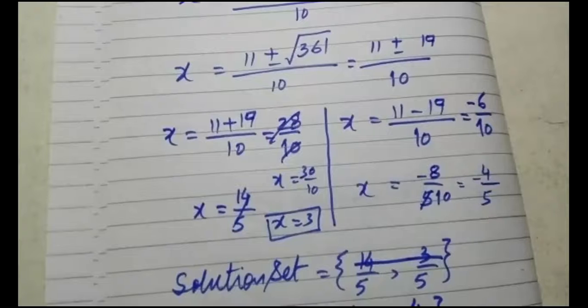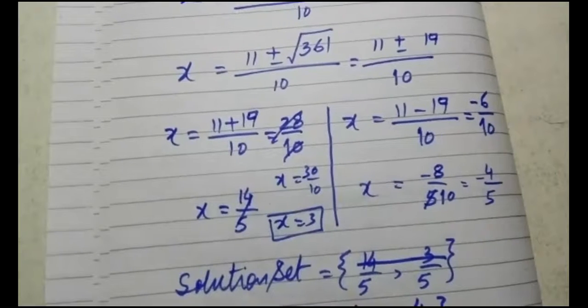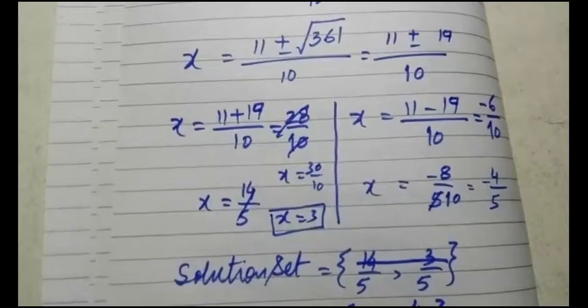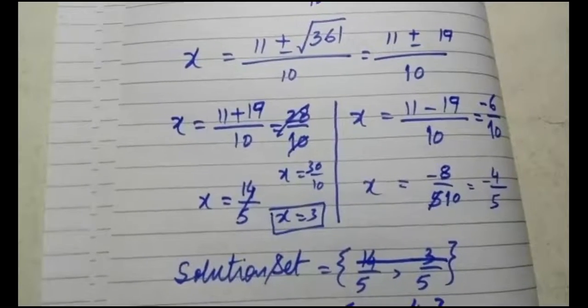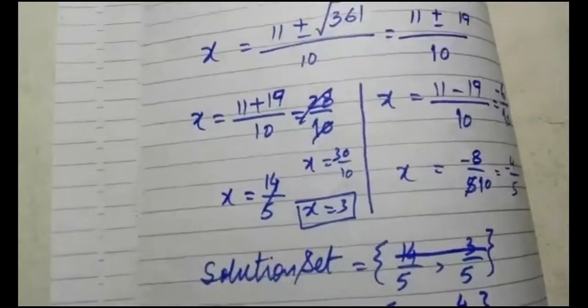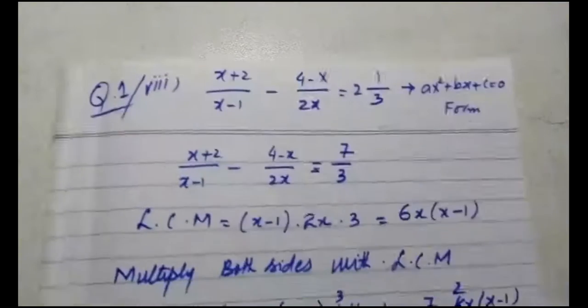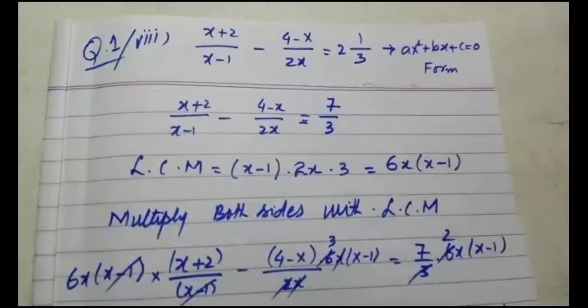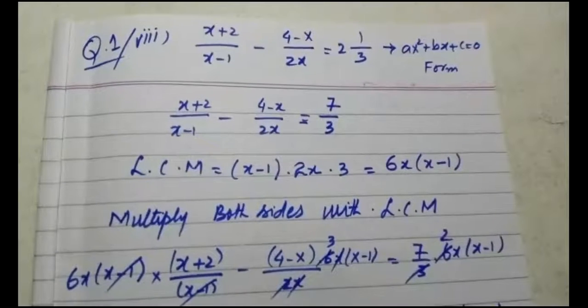So what is important about this question? I would explain to you that in the last 4 parts, or in the last 5 parts, you will notice that we have to convert the question into standard quadratic form first. This is the real problem, that you have to convert the question into a standard quadratic equation.